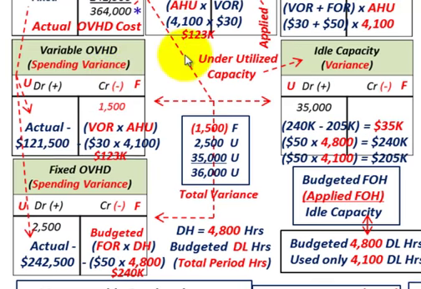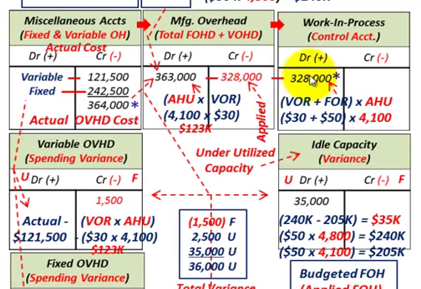Okay, now the other differences between what we have in our work in process, or what we've applied, that $328,000 in overhead, versus what we have for our budgeted plus our actual variable of $363,000. This is what is called the idle capacity variance, and it's really based on our underutilized capacity. If we have an unfavorable amount, had we had a favorable amount, then we would have overutilized capacity.